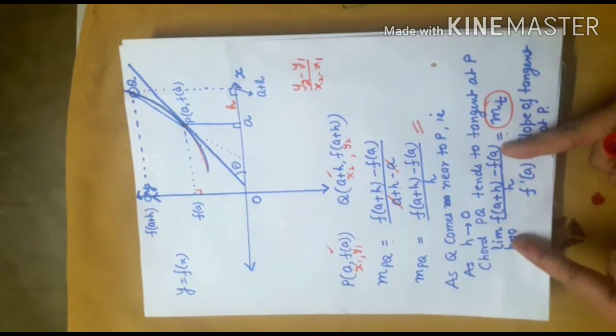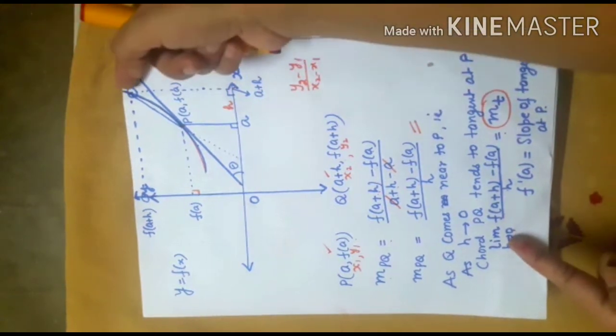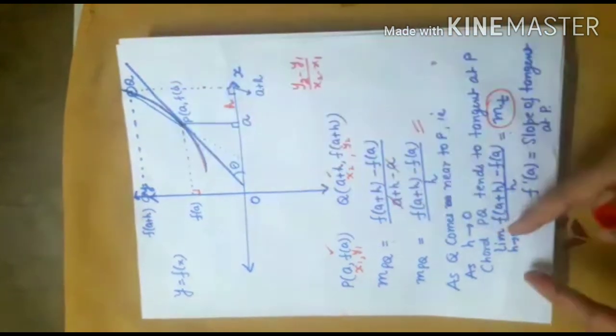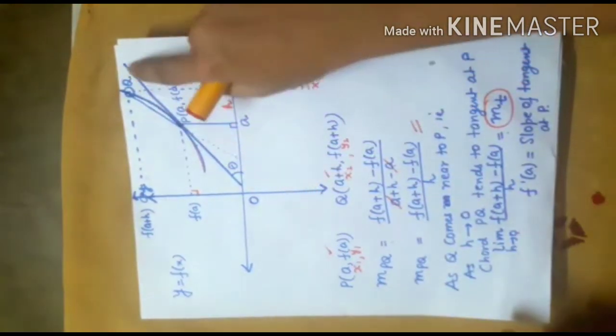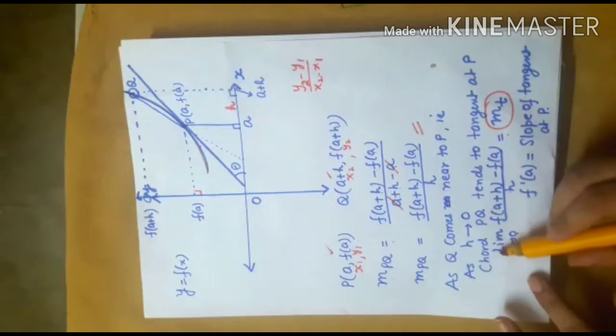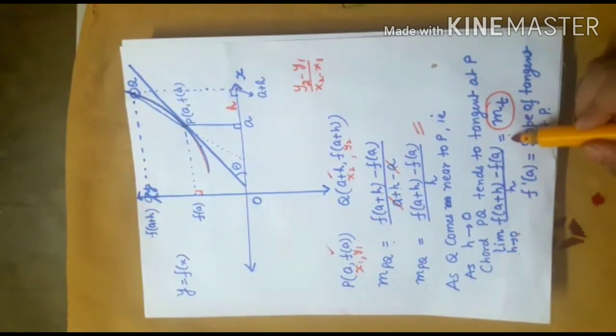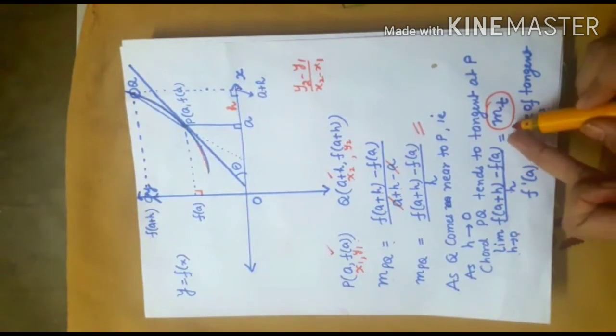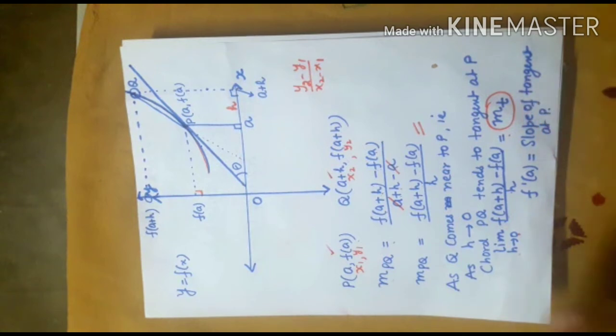Now when h tends to 0, means when Q approaches P, this line PQ will tend to the tangent. So the value of this slope will be equal to the slope of the tangent.